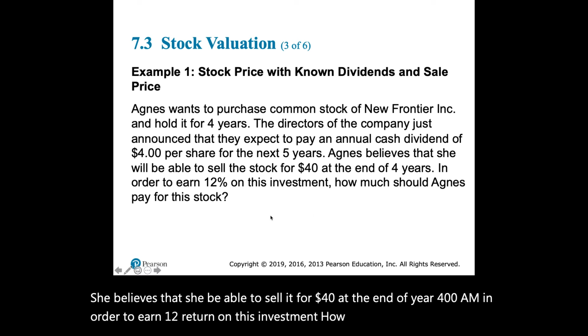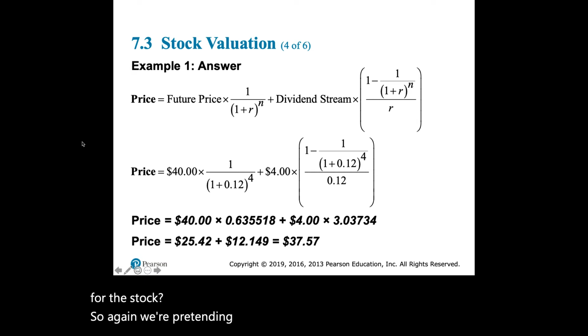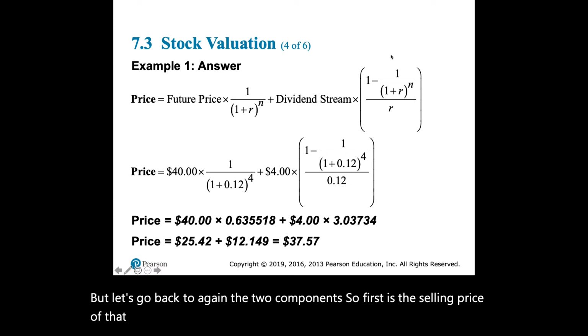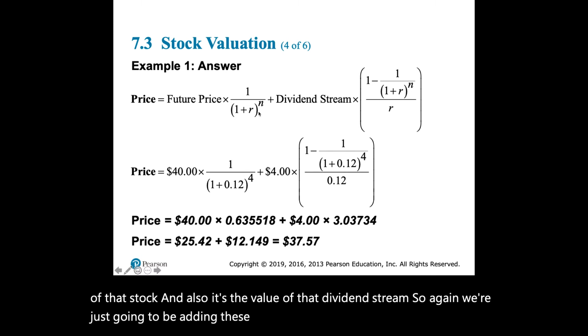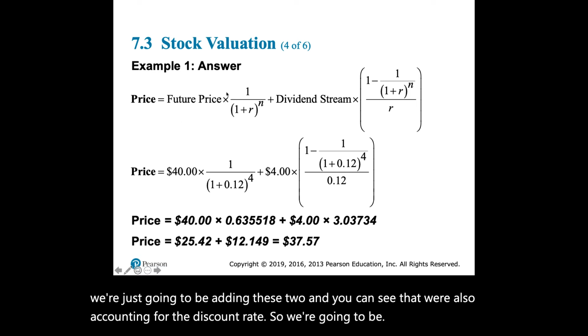Again, we're pretending we know a lot about this stock. We know the future price, but let's go back to the two components. First is the selling price of that stock, and also the value of that dividend stream. We're just going to be adding these two, and you can see that we're also accounting for the discount rate. So we're going to be pricing or moving that money back to our current price or present price.